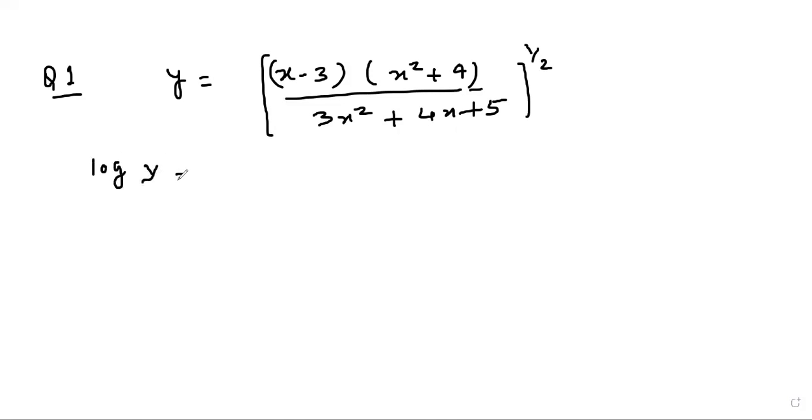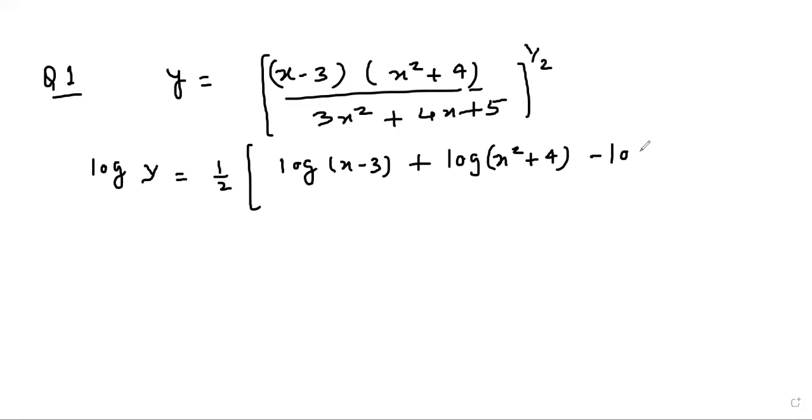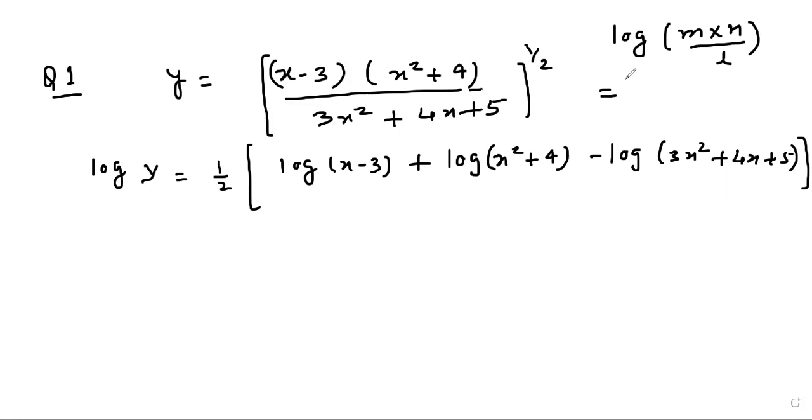So log y equal to 1 by 2 will come in the beginning, then log (x minus 3) plus log (x squared plus 4) minus log (3x squared plus 4x plus 5). The rule being applied is log of m into n divided by l becomes log m plus log n minus log l.